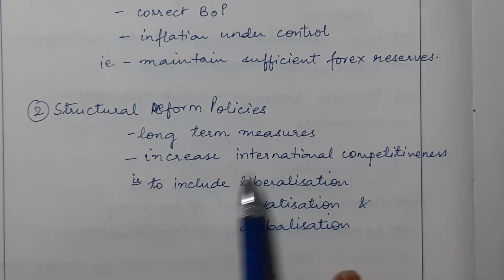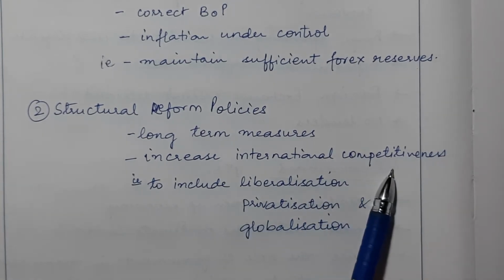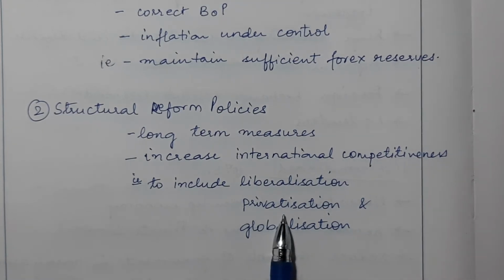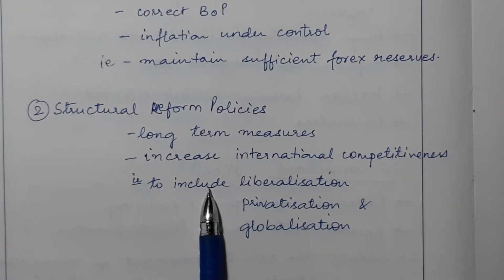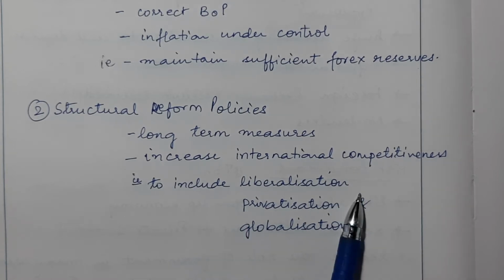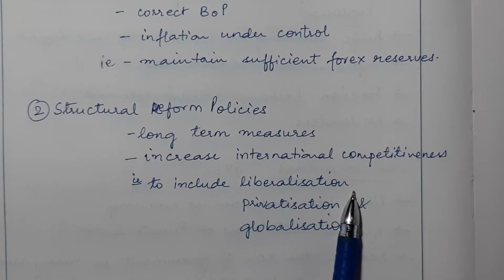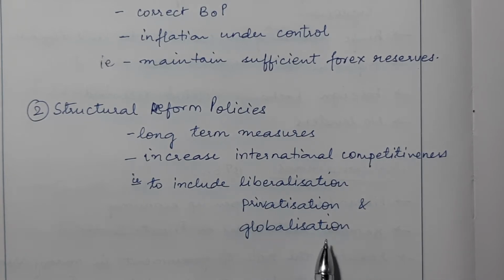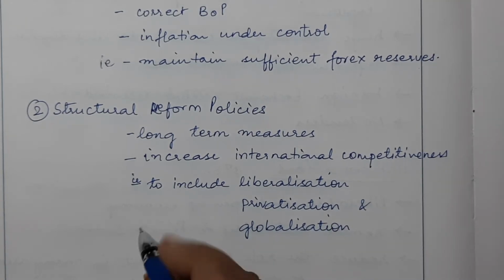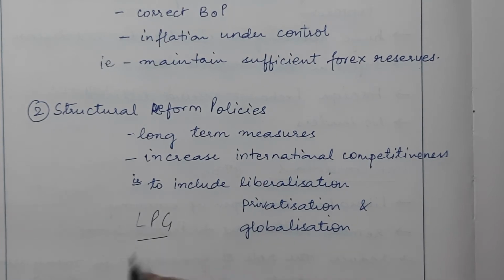They increase international competitiveness by removing the rigidities in various segments of the Indian economy. And they include the three elements of the new economic policy, that is liberalization, privatization, and globalization, together called the LPG.